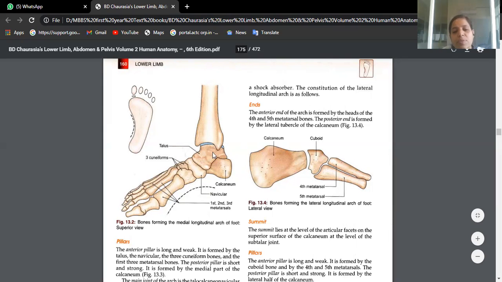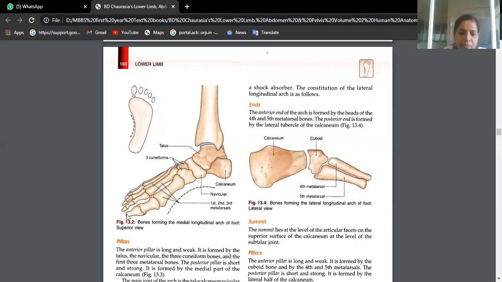So, what are the bones we have in the tarsal bones? We have talus, then calcaneum, navicular, cuboid, then three cuneiforms: medial cuneiform, intermediate cuneiform, lateral cuneiform. So all these are tarsal bones. The metatarsal bones are five in number.